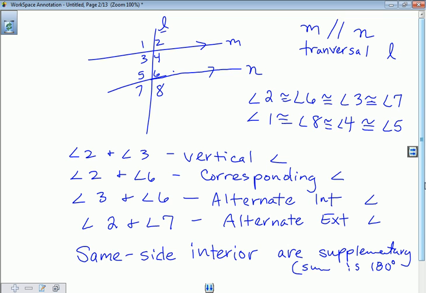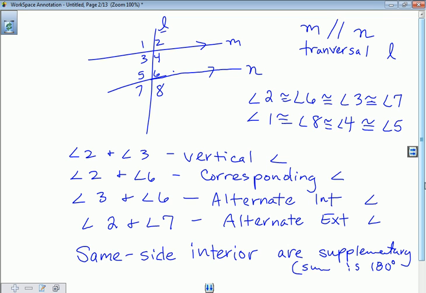Angles 3 and 6 are congruent. If we look, they're on opposite sides of the transversal. Those are called alternate interior angles, and alternate interior angles are congruent. Angles 2 and 7 are congruent. They are alternate exterior angles. We can prove these congruent because we're given two parallel lines, and we know that all of these things must be true.